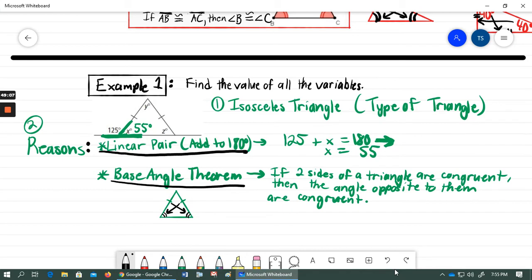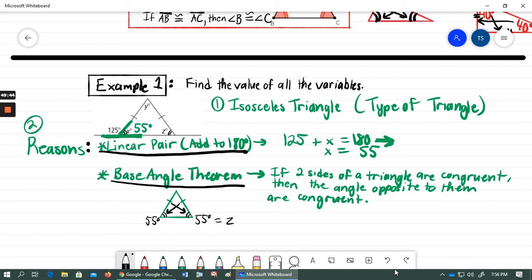I'm going to put that in the original diagram because that's true, because we know what the base angles theorem says. So if we have two congruent legs, the base angles of this isosceles triangle will also be congruent. If one of those angles is 55 degrees, the other one is 55. So this is 55, this one is 55, which means that Z is 55.